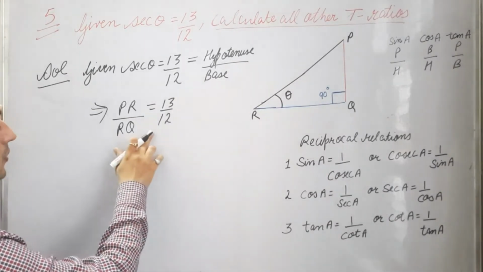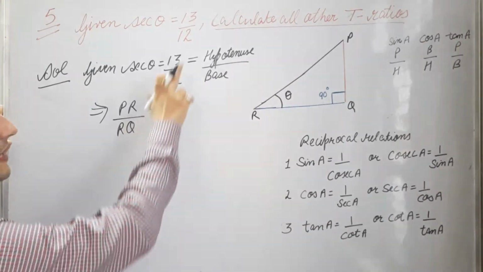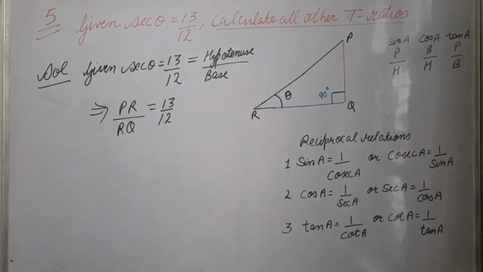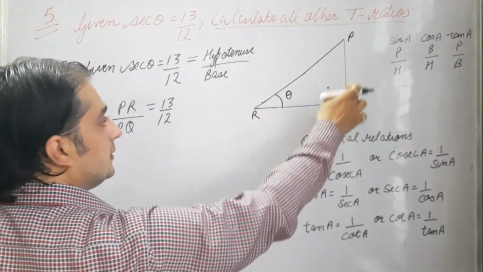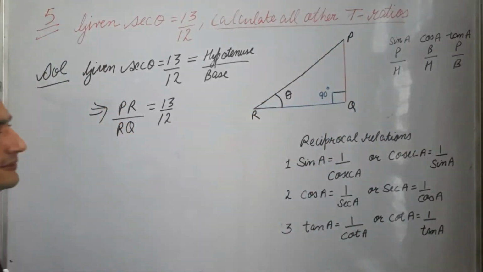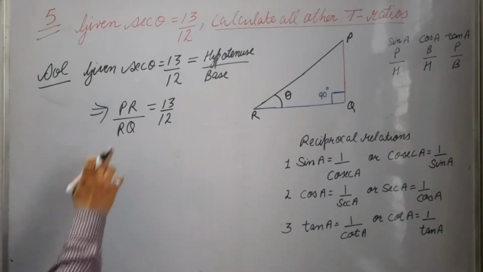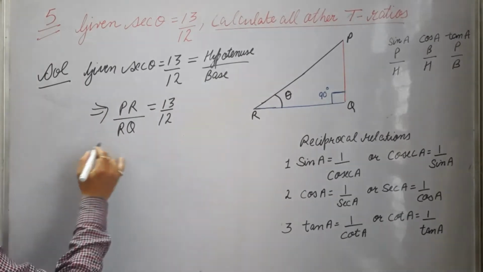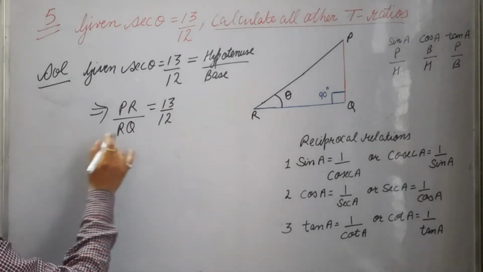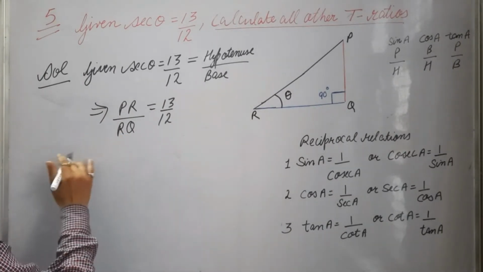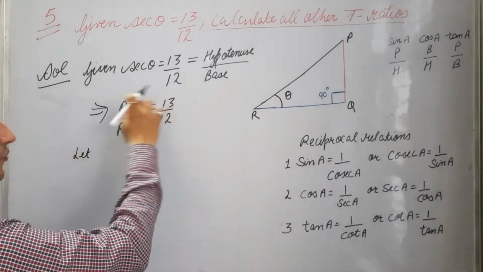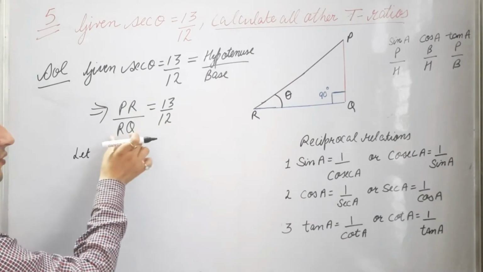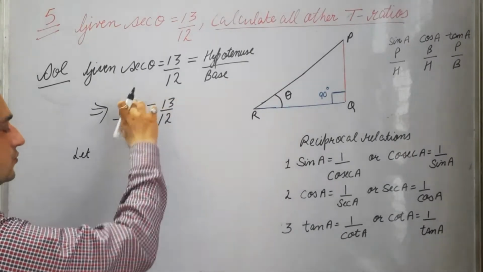So for finding the other T ratios, we have to find the remaining sides. Firstly we have to find the three sides of the triangle, because one of the T ratios is given. This is not the length of PR, and this is not the length of RQ. This is the ratio of the two sides.